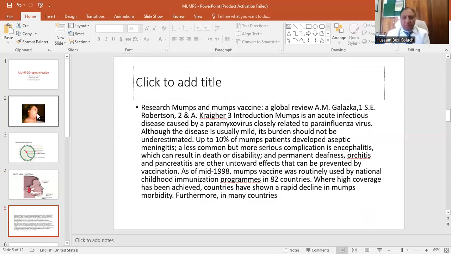Then there is the data about this. You can see that up to 10% of mumps patients develop aseptic meningitis, and a less common but more serious complication is encephalitis. Pancreatitis is also there, and it also affects the reproductive organs, ovaries and testes, and can lead to infertility.